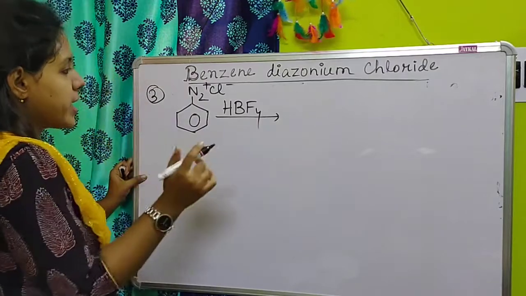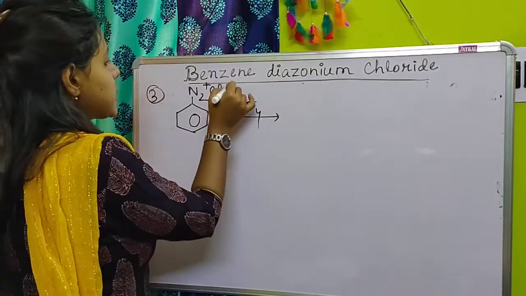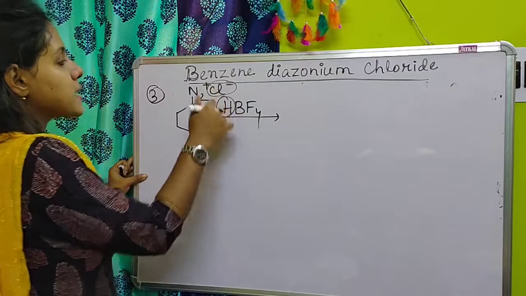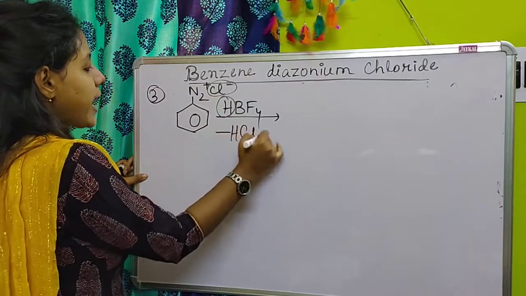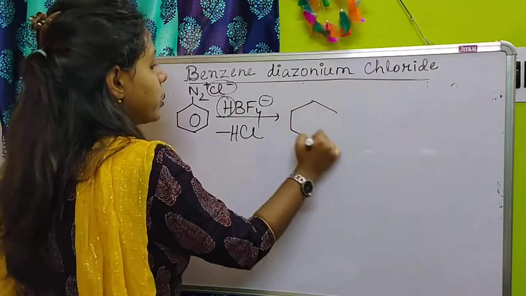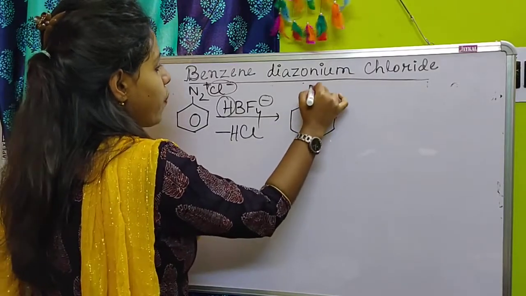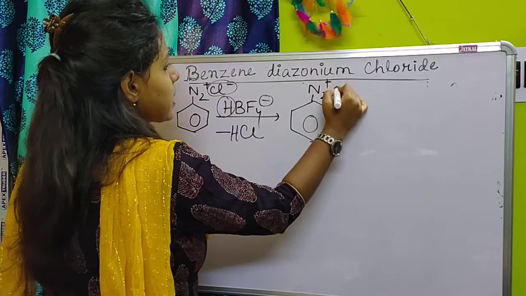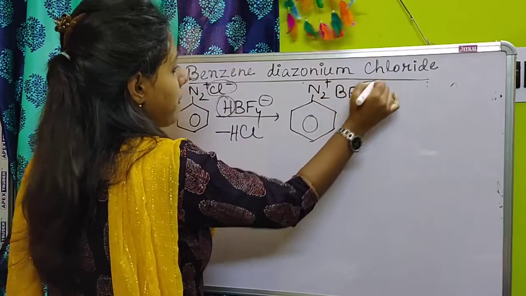What will happen? This Cl- and this H+ will be removed out as HCl, and BF4- will be added in place of Cl-. So now we are getting N2+ BF4-.